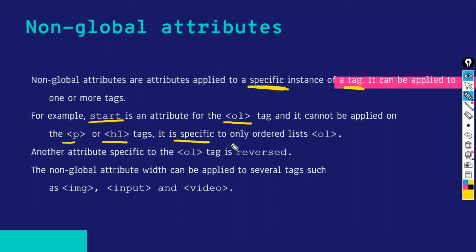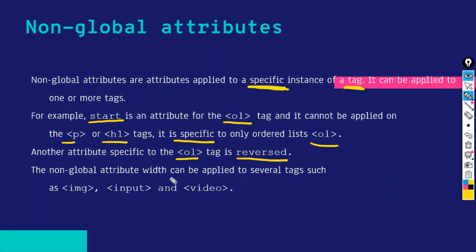It is specific only to the ordered list. Another attribute specific to the OL tag is reversed, which we learned in the last discussion as an example of a Boolean attribute.